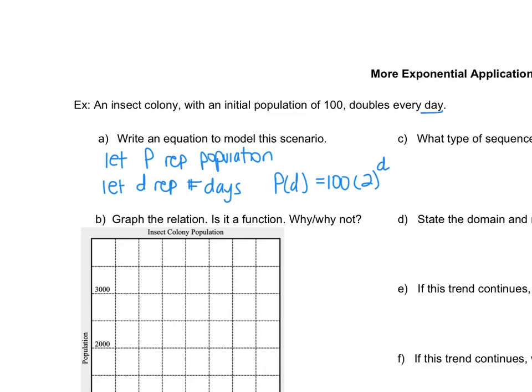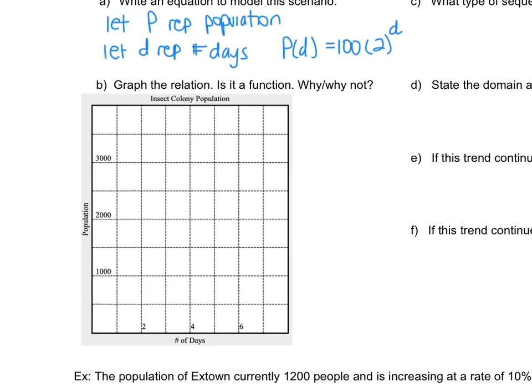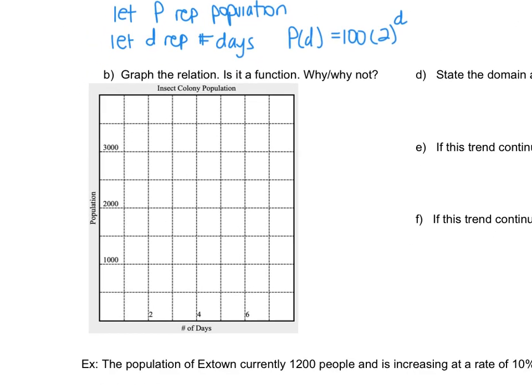Next, we need to graph this relation and state if it's a function. So I'm going to start at 100, which we could say is roughly here, on day 0. In 1 day, it's going to double to 200.